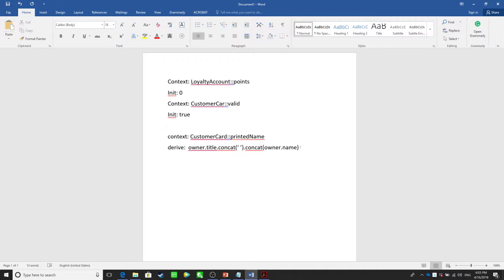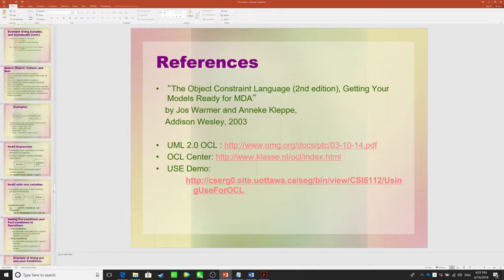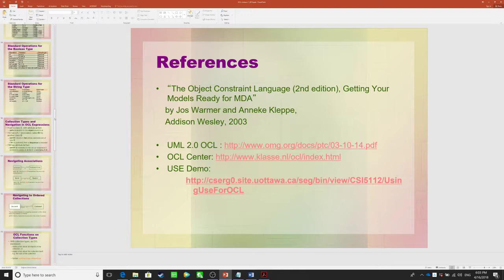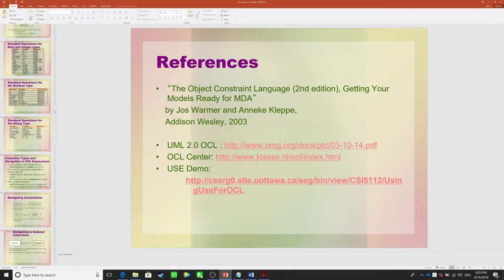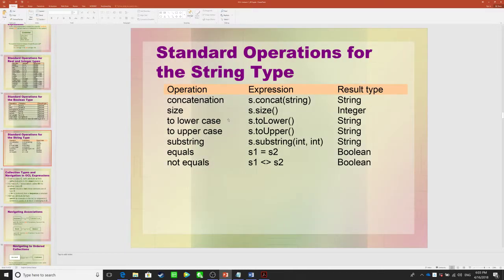Concat is a method of the string to connect different strings. I believe it's specified here. Standard operation for the string type. String is a basic type for the OCL. It has concat, size, to lower, to upper operations.